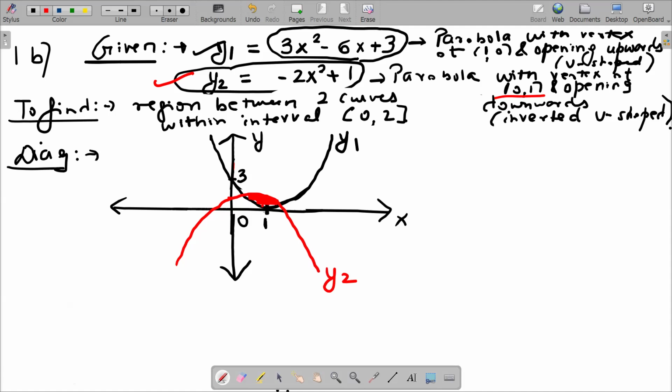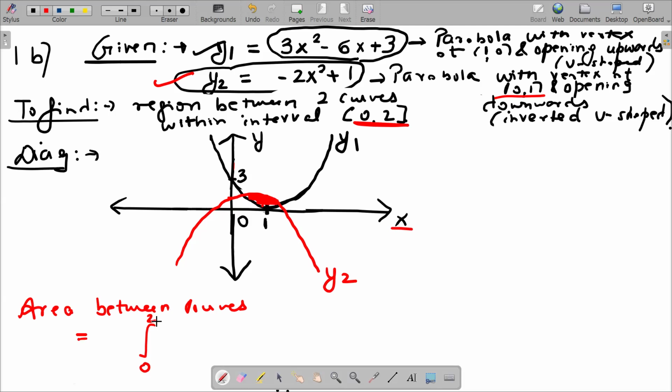Okay, so how do I do that? So area between the curves is given by, I need to find the area in the interval 0 to 2. That means as x takes values from 0 to 2.